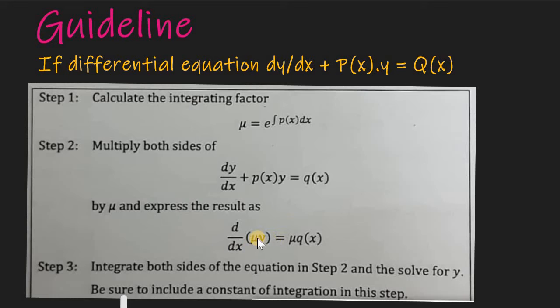Then we bring the dx over to the right side and integrate both sides to get mu y. So you have to remember the steps, and we're going to follow this guideline.